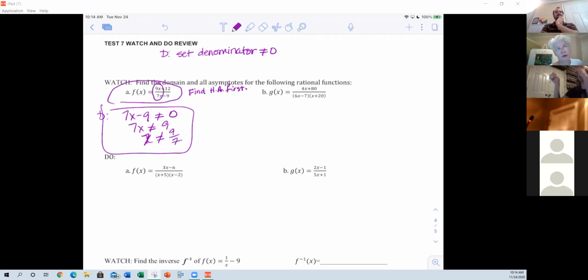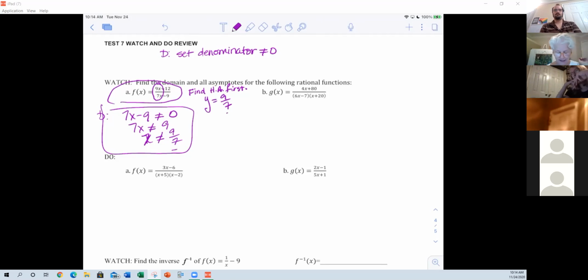Since the degree in the numerator is the same as the degree in the denominator, y equals 9/7. And it is totally coincidental that these two things are the same.